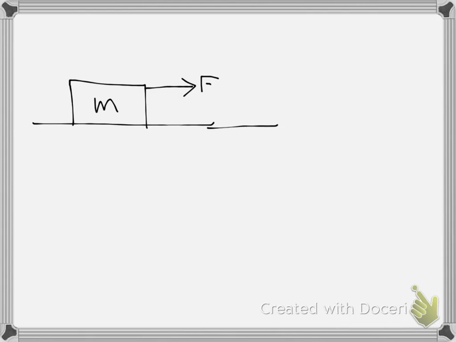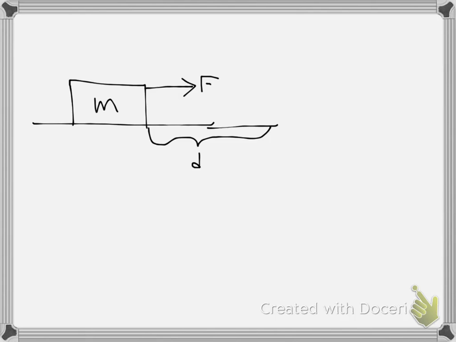Something basic and straightforward. Okay. So we have some mass, a crate maybe. It's resting on a floor. We could have friction or not, doesn't matter. Let's say there is a force that's being applied in the direction of the motion, because this crate is going to move that distance d.